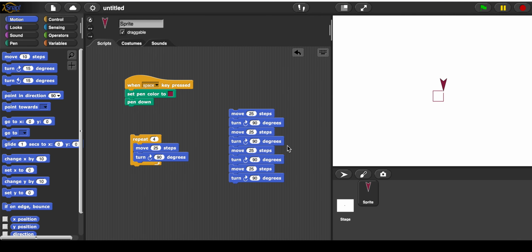Again, all this right here is equivalent to this right here. Very, very easy, right? So now that you have this, you can use this tool, this repeat or this loop, right, to help you build other shapes.